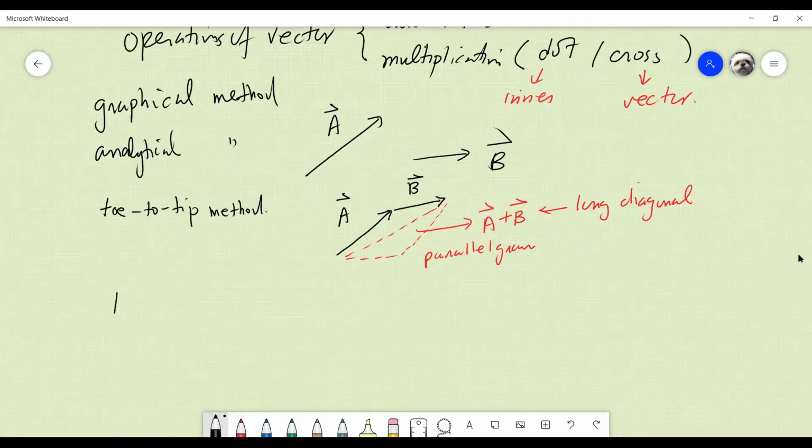Now, if I have A minus B, you know that in mathematics, or what we call the field, there's no such thing as subtraction. Subtraction means you add a negative quantity, right?